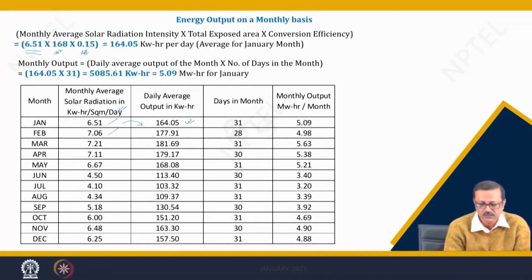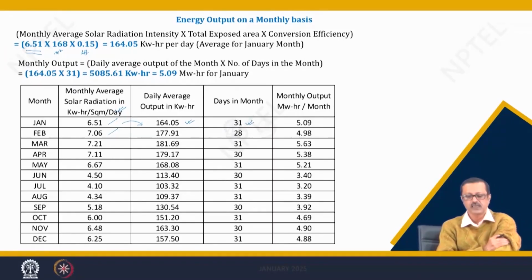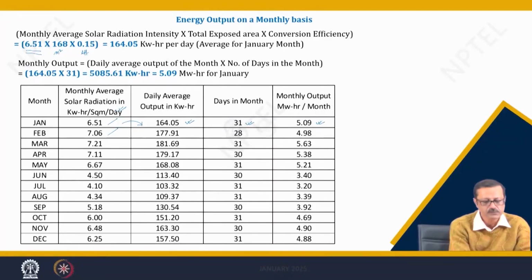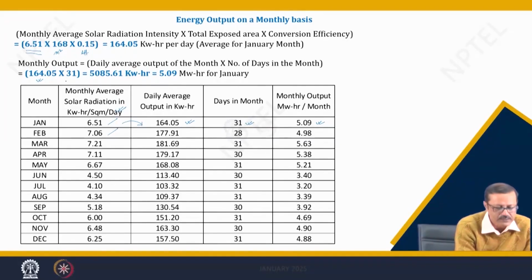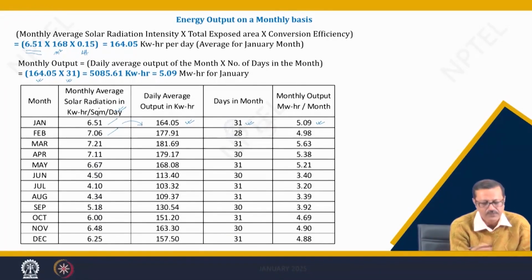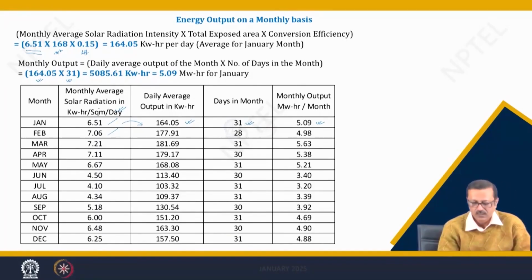Number of days in the month, January is 31. So the monthly output in megawatt per month will be 5.09. I found the daily average output, which is this 164, multiplied by 31 days, and whatever comes I divide by 1000. That gives me the megawatt.